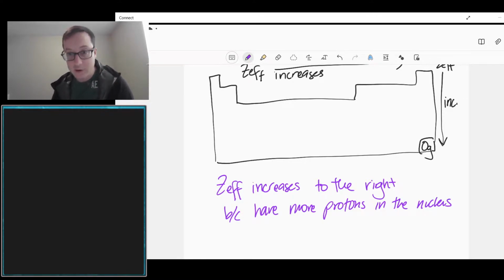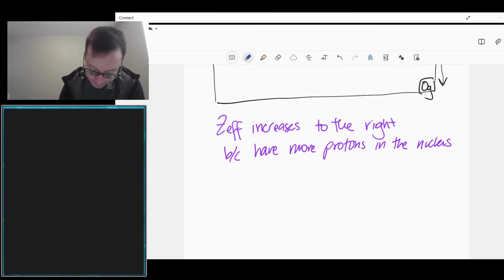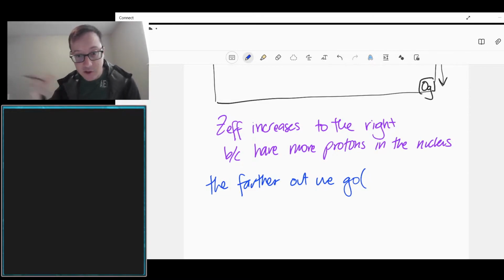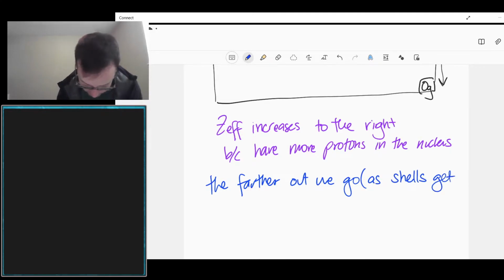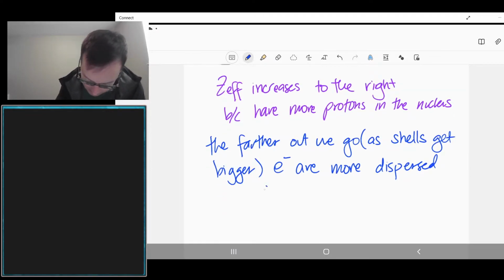And we see that as we go down, we also are increasing protons. So we still have that, but we also need to consider that the farther out we go, which is kind of just like outer and outer shells, as the shells get bigger and bigger, the electrons are more dispersed. And so that means there's less repulsion happening.